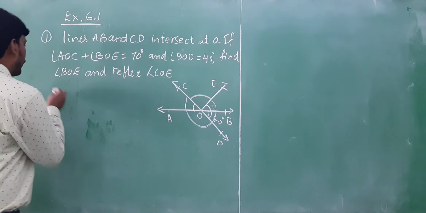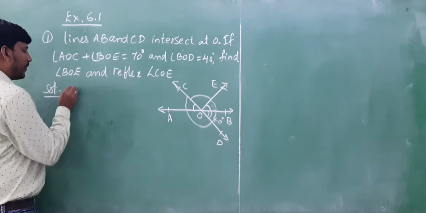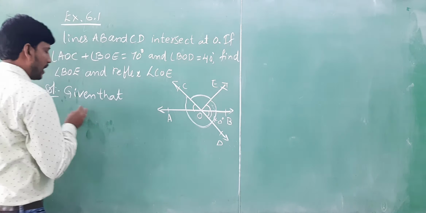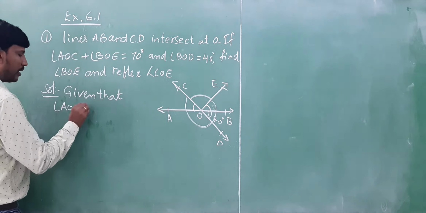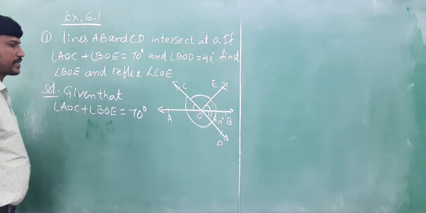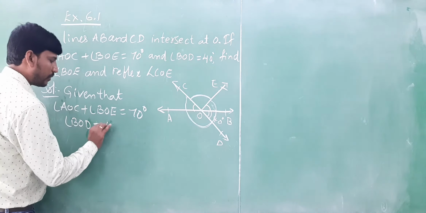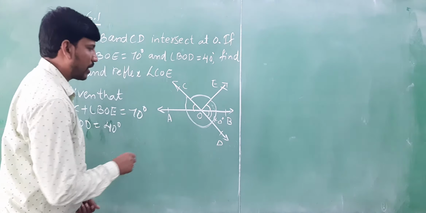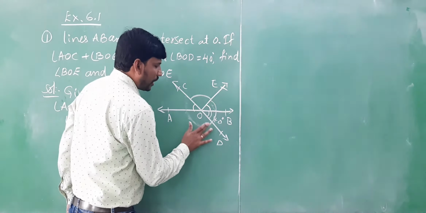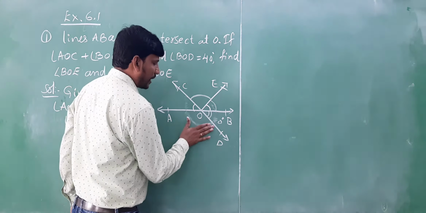Right? So now, whatever the given angles, we are going to write down. Given that angle AOC plus angle BOE is equal to 70 degrees, and also given that angle BOD is equal to 40 degrees. Now children, listen carefully. Observe the diagram.